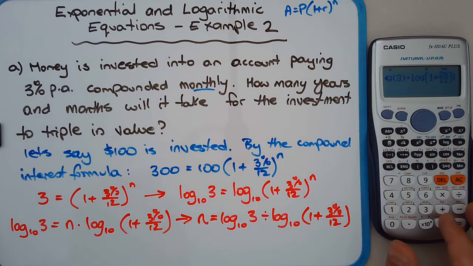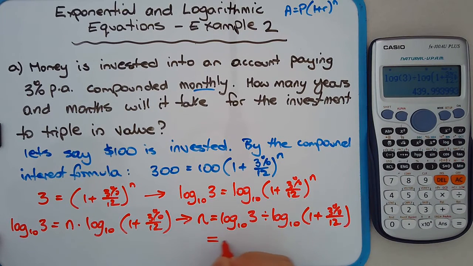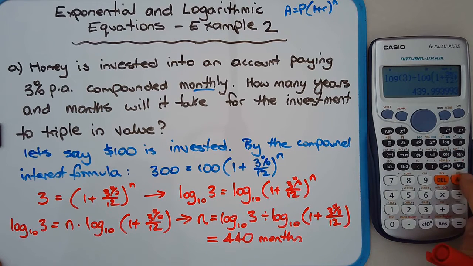You don't have to worry about converting to decimal. And we get 439.99, which, if we round it to 2 decimal places, is 440 months. So it's going to take 440 months for the investment to triple in value.